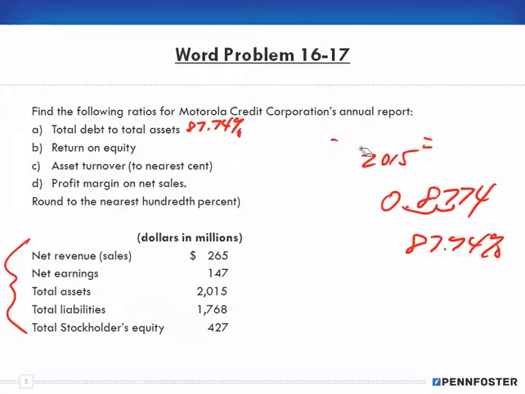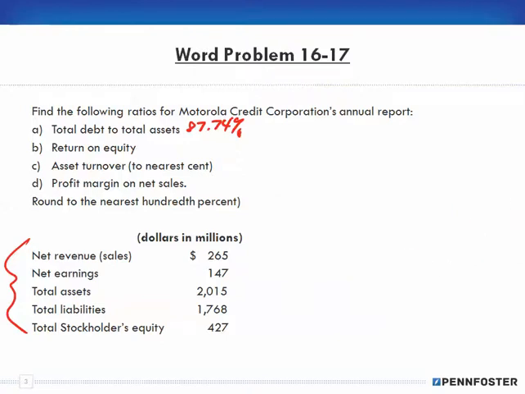Okay, my return on equity. The formula for return on equity: my return, meaning how much did I make, or my net income. The "on" means divided by, and equity is my total stockholders' equity.